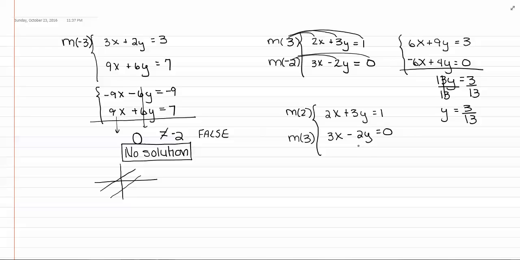Right, and then from here, I'm going to go ahead and multiply it out. So again, everything is multiplied by 2, everything's multiplied by 3.